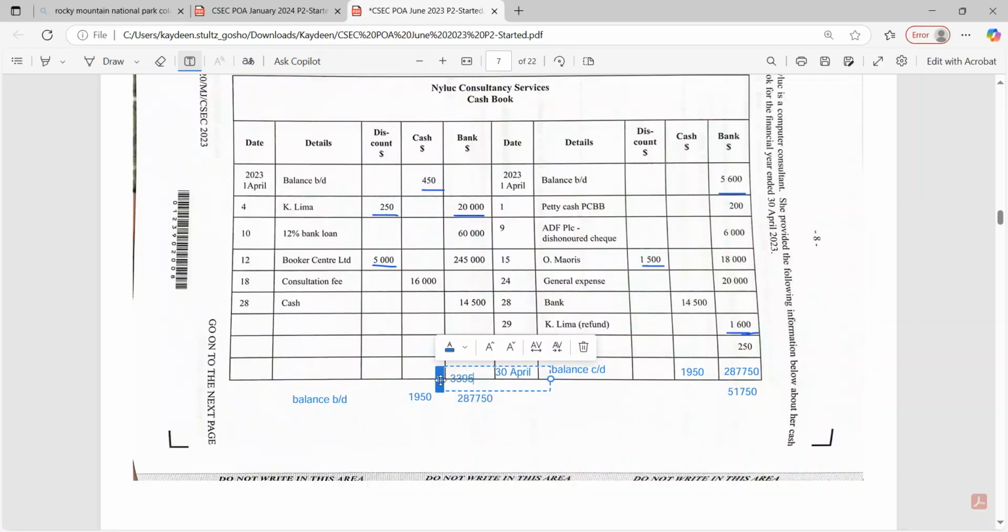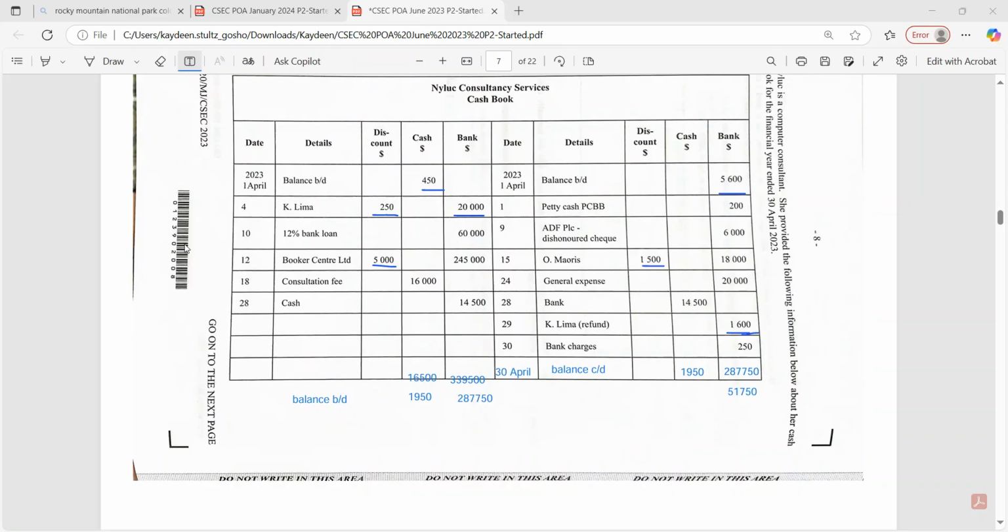And on our credit side, we have 5,600, 200, 6,000, 18,000, 20,000, 1,600, and 250. So we add all of these figures. You can pause the video and add them just to be sure, and we would get 51,750.